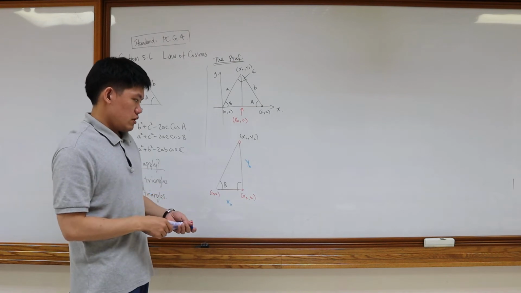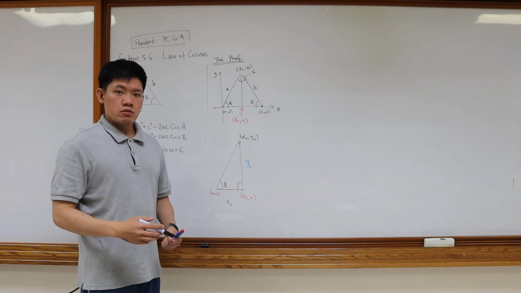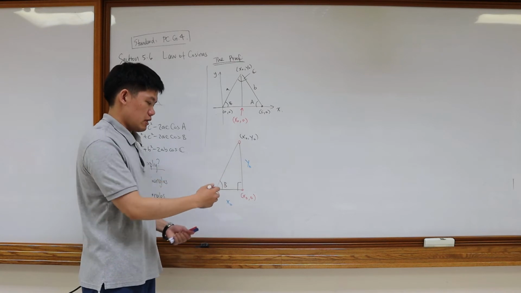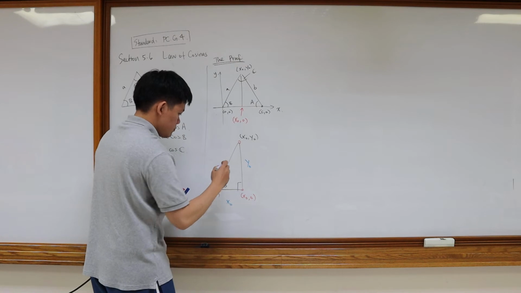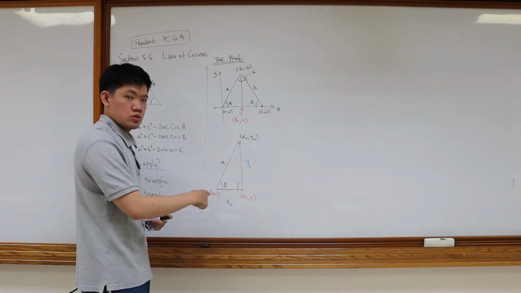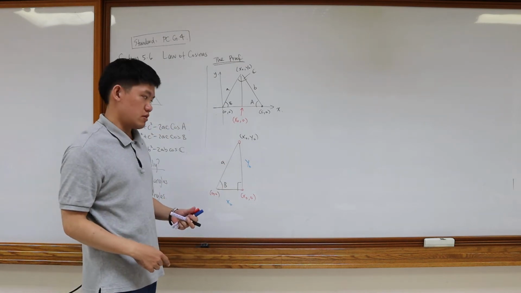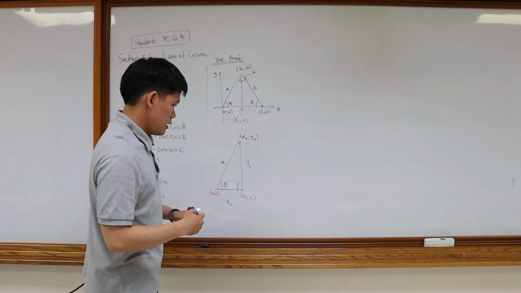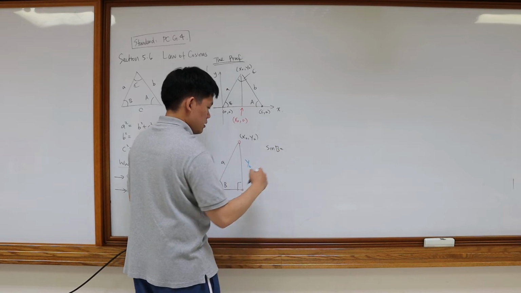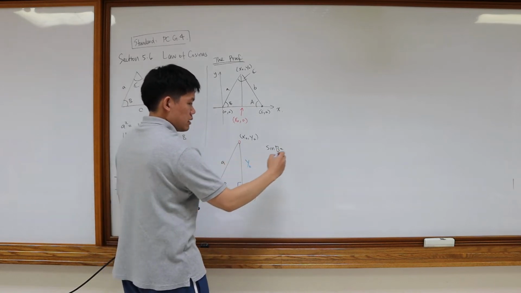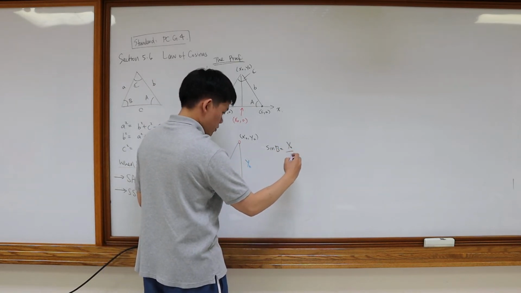Okay, so what we need to do now is rewrite our angles and relationships. I should also label this part here as a. We want to use this angle and use sine and cosine to derive the components we need. Let's use sine. Sine of B is opposite over hypotenuse, so it's going to be y0 over a.